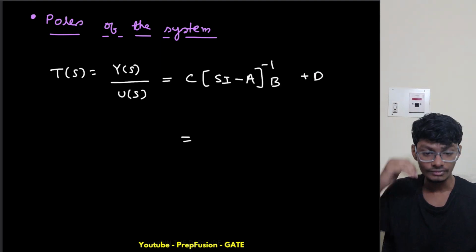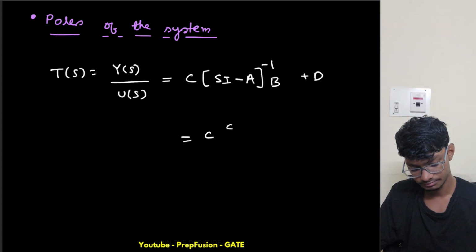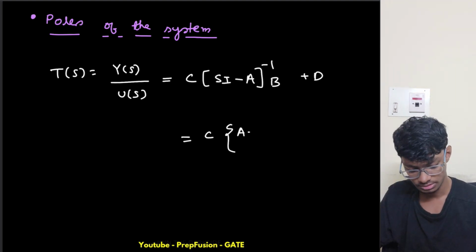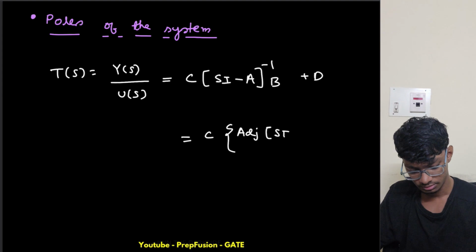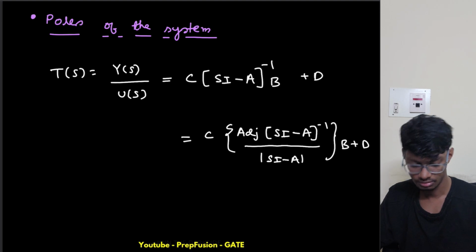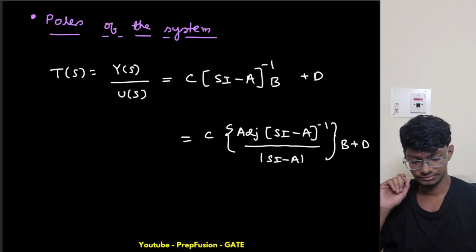If I break this down, what is the (sI minus A) inverse? What is the inverse formula? It is adjoint of (sI minus A) divided by determinant of (sI minus A), times B, plus D. So this is basically my sI minus A.